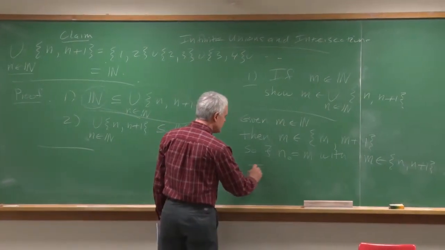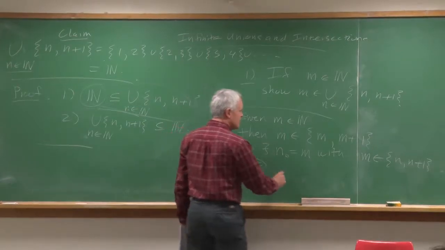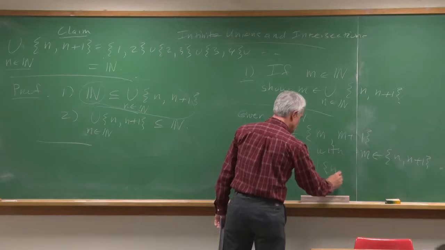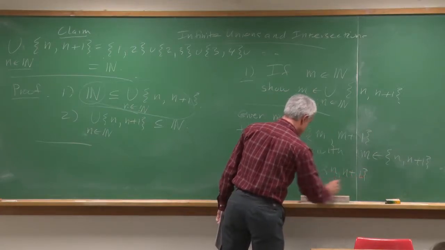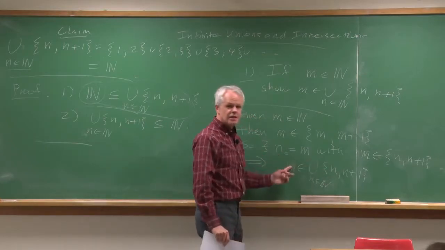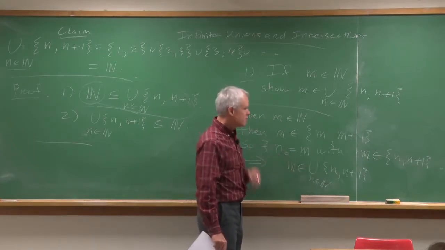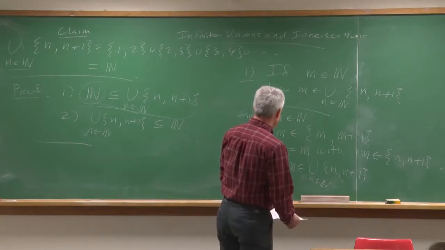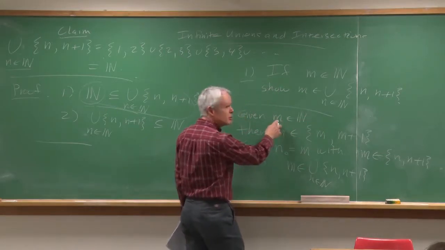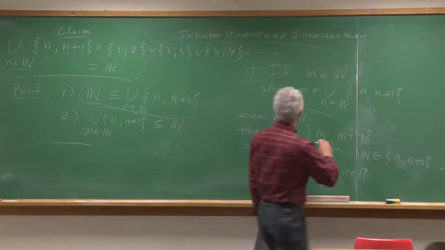And that's exactly what it means to say that M is in the union of these. It means there exists one of these that has M in it. Good. So we did show this, starting from this. So that part is done.